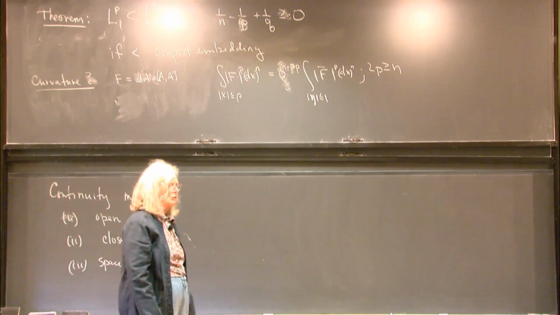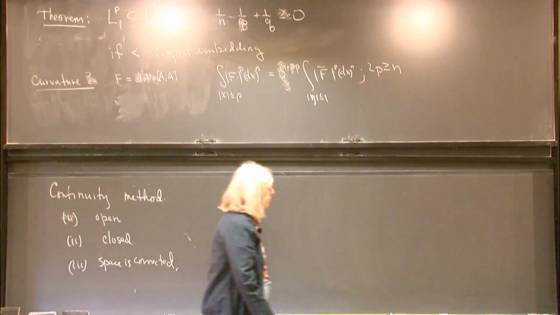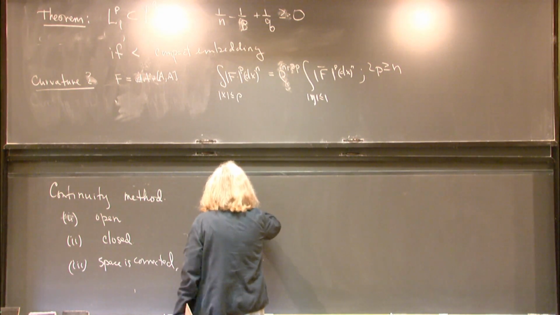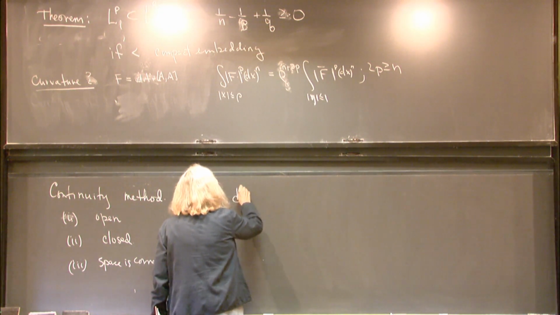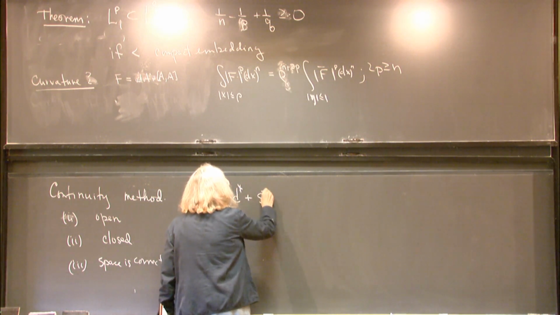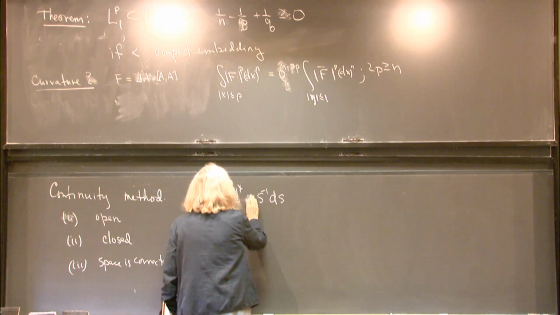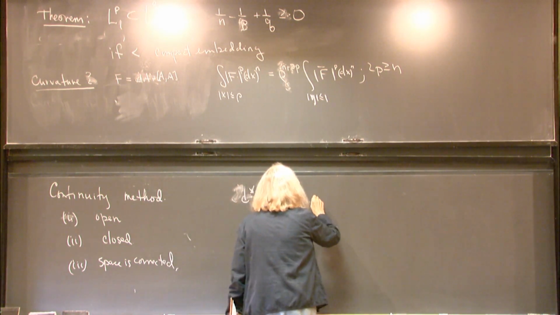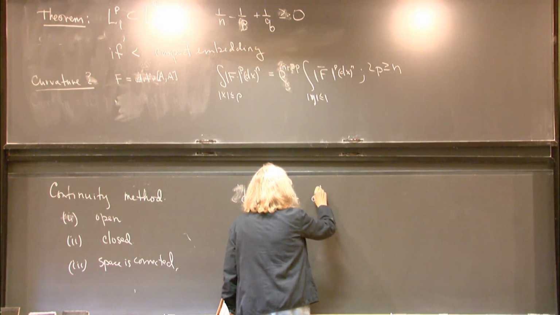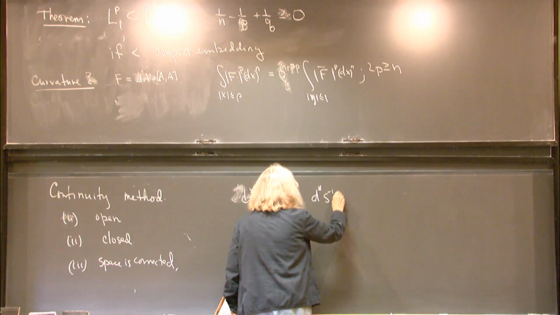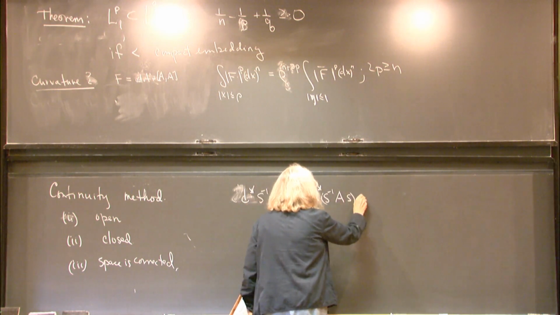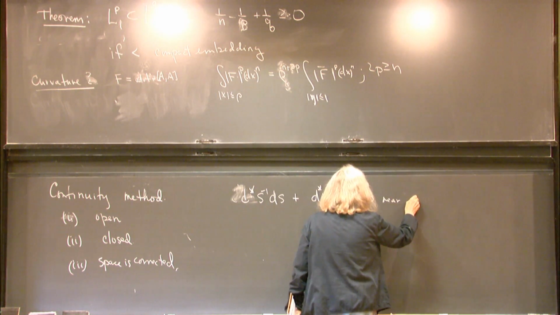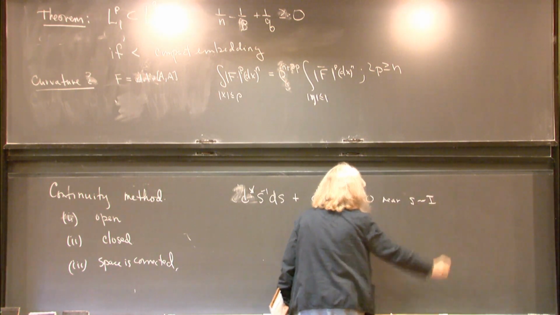Open is just the implicit function theorem. Open is just the implicit function theorem, and the linearization we're solving, d star plus S inverse d star dS, near the identity.